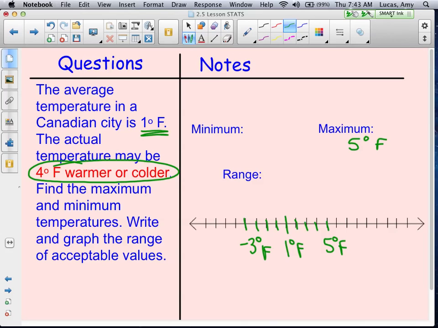So it gets a little trickier when you are working with positives and negatives. So my range is -3 degrees to 5 degrees. And my graph, I'm going to have closed circles on each one because I include those points, and I'm going to connect it in between.